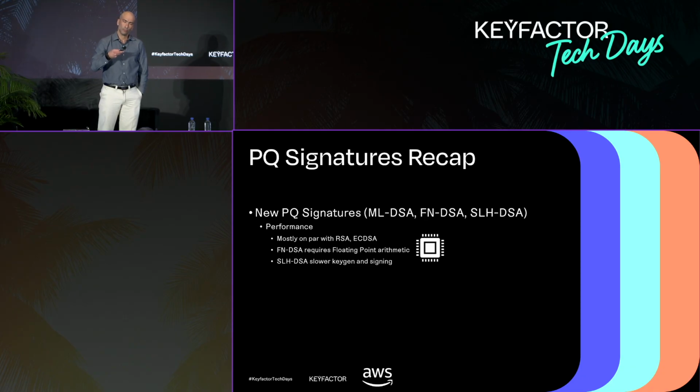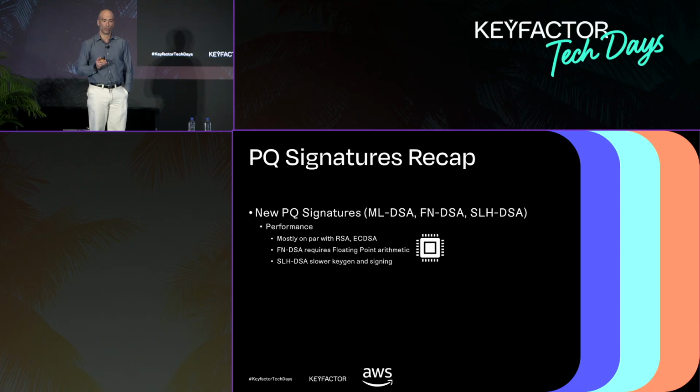So for the most part, FN-DSA could be deployed at scale. SLH-DSA has slower signing and key generation. So these signatures, generally speaking, have good performance with the exception of SLH-DSA for signing and key gen. It's very close to what we have today.